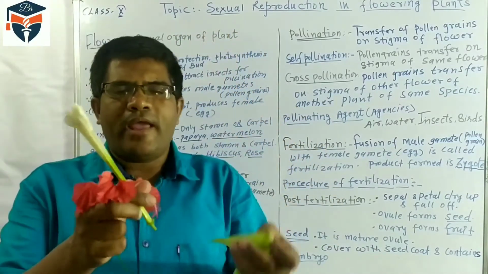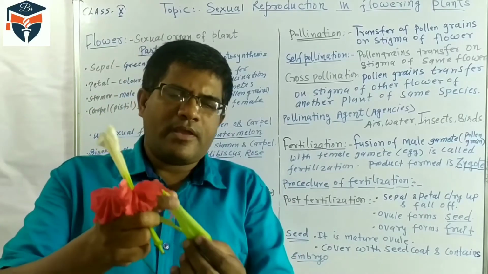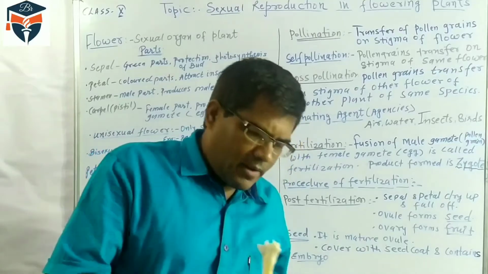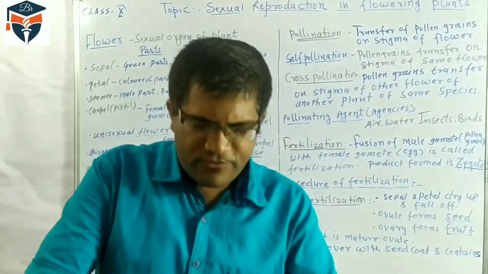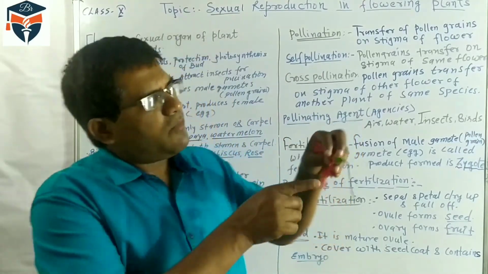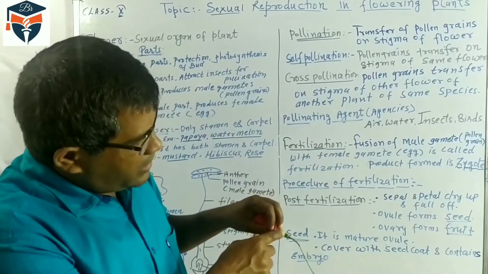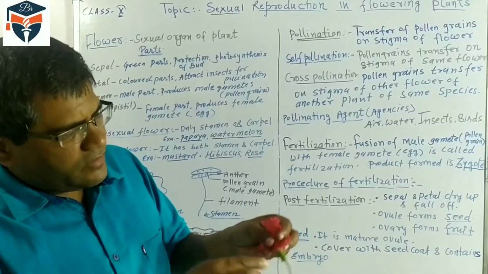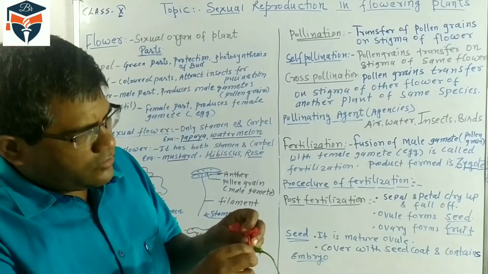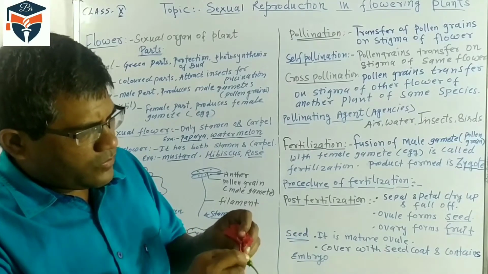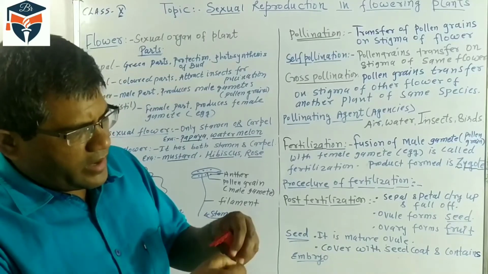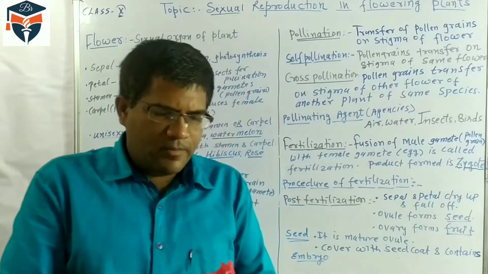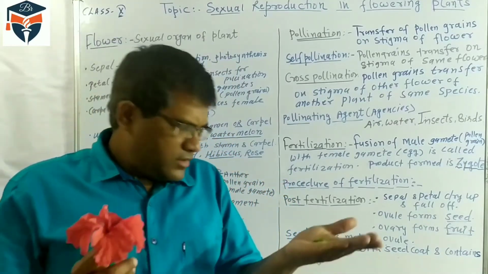In this flower also we can see the green colored part is the calyx, and each individual part of the calyx is called a sepal. Here is one sepal, another sepal, and I am removing this one sepal. So this green colored part of the flower is called the sepal.